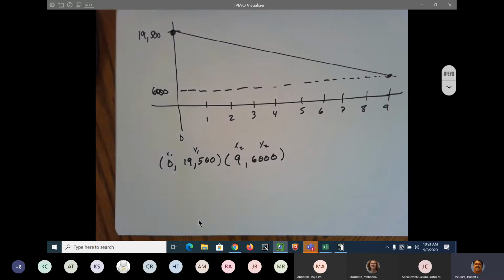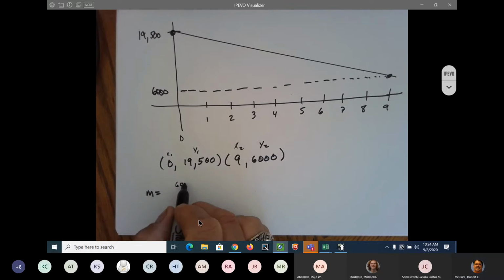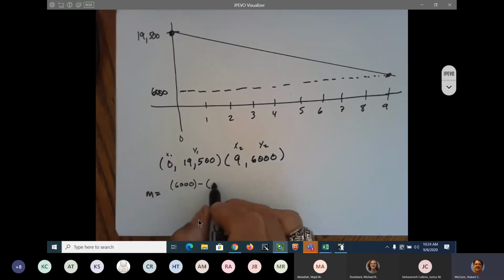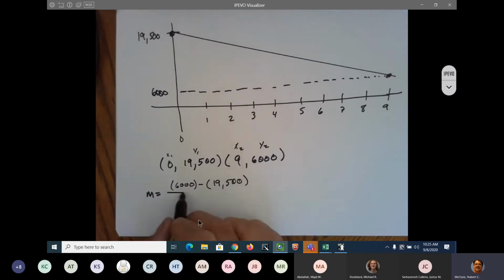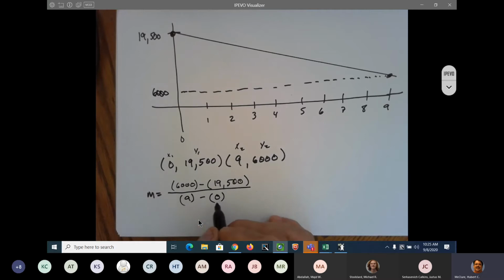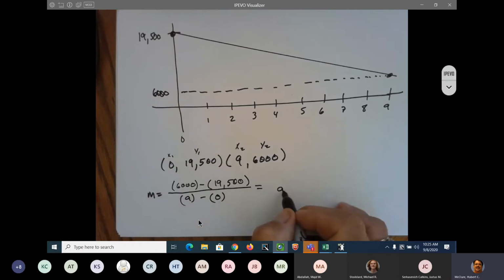So, m, this pen is dead. m is equal to 6,000 minus 19.5 over 9 minus 0.